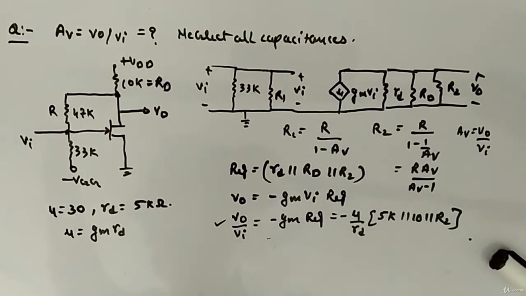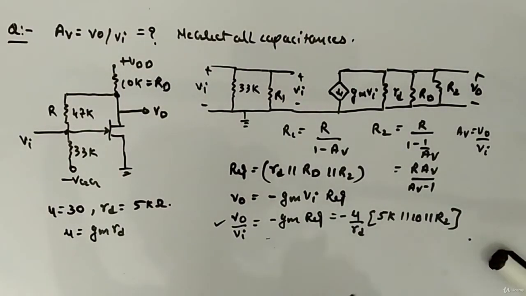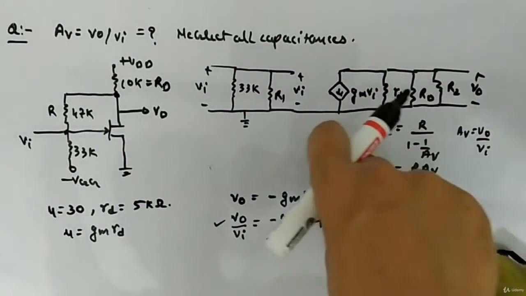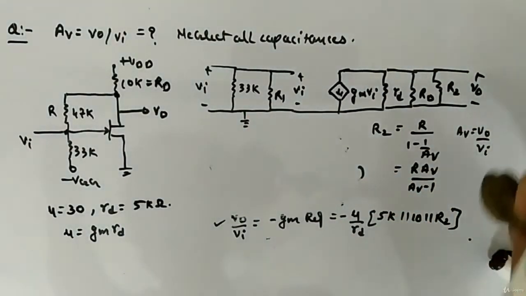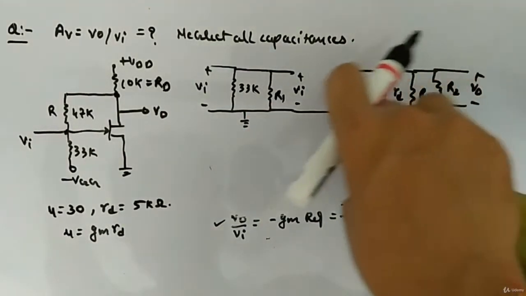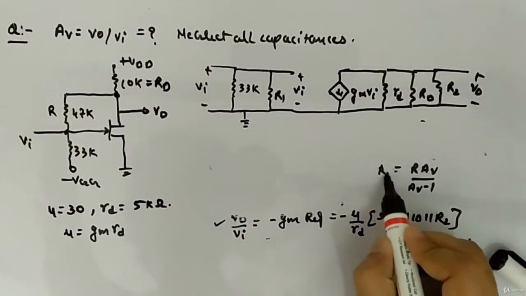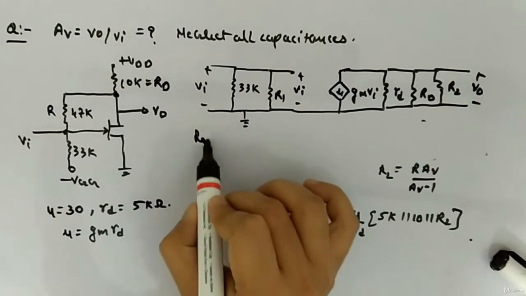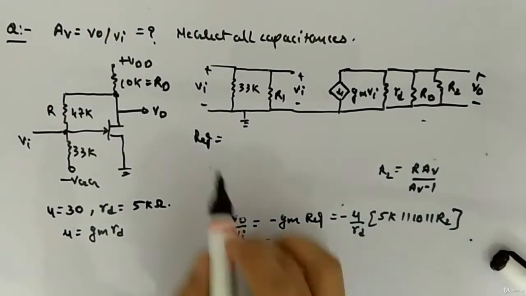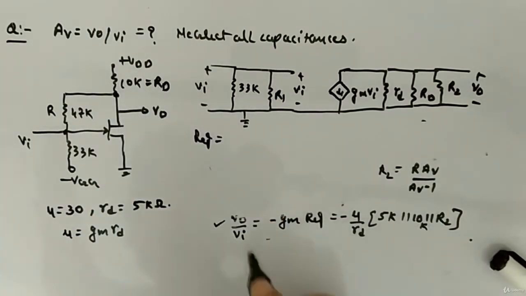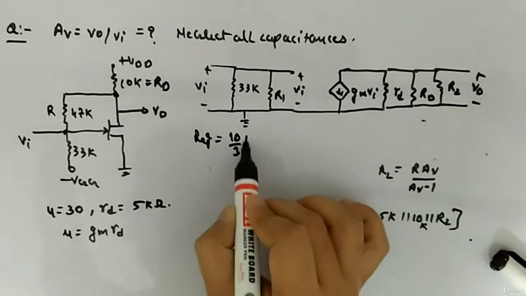Okay, so I'll do that. R1 we don't require, R equivalent we don't require, and we don't want all this expression. I'll remove it, and this is my R2. So what will be my R equivalent? 5k in parallel with 10k is 10 by 3 k, parallel with R2.